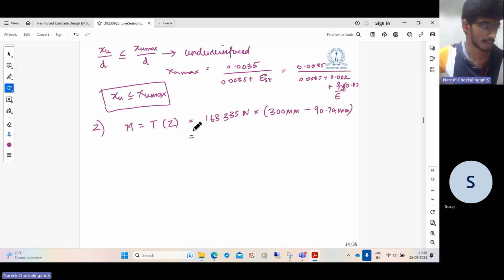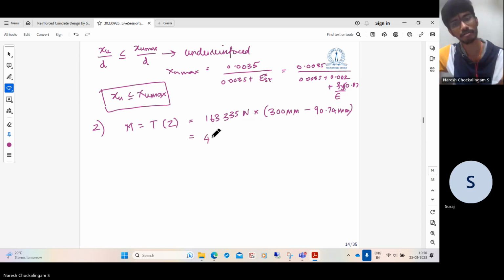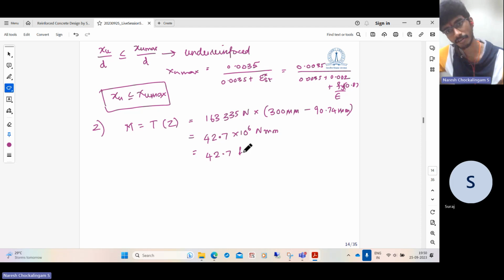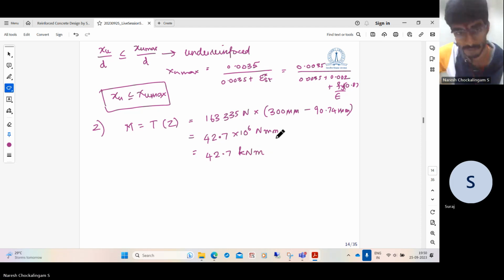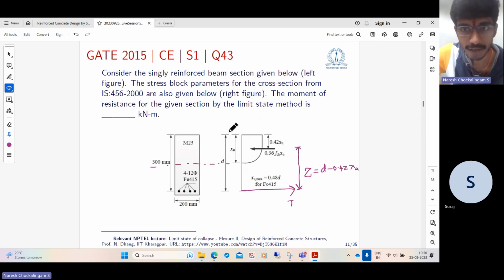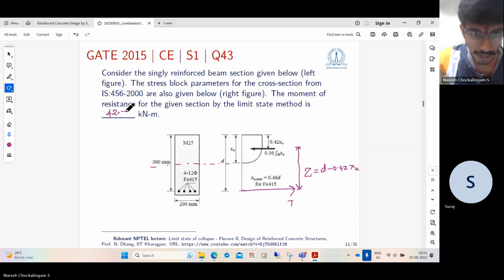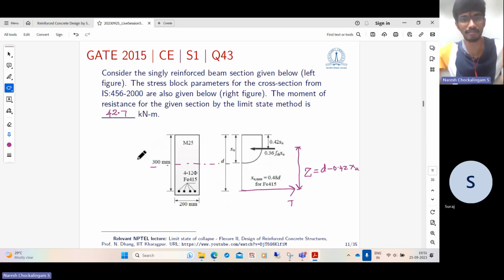Find the product, and this turns out to be about 42.7 times 10 power 6 Newton mm, which is 42.7 kilonewton meters. So the answer to this question, the moment of resistance for the given cross section by the limit state method in kilonewton meter, is 42.7. The correct answer is 42.7 kilonewton meters.